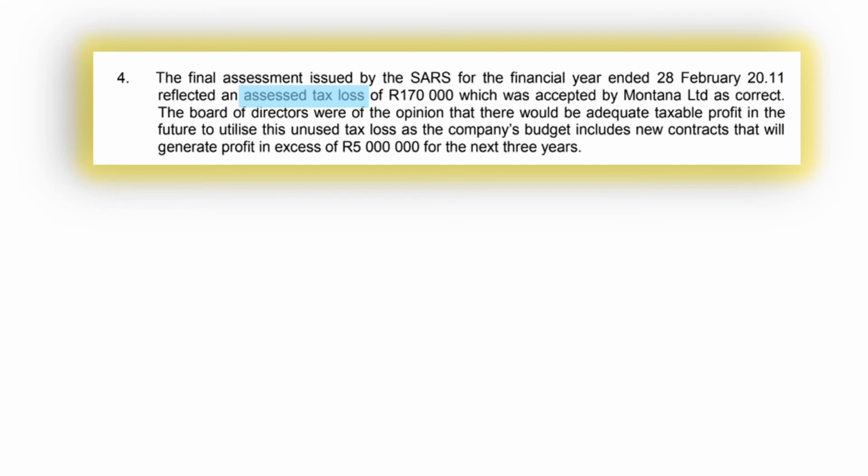Okay, so at this point in time, the fact that we have an assessed tax loss, the question tells us that this arose in 2011, so it will be carried forward into 2012, and it does impact on our deferred tax workings.